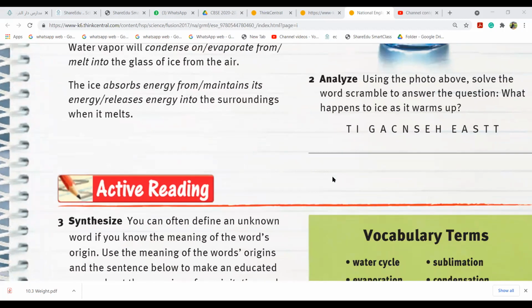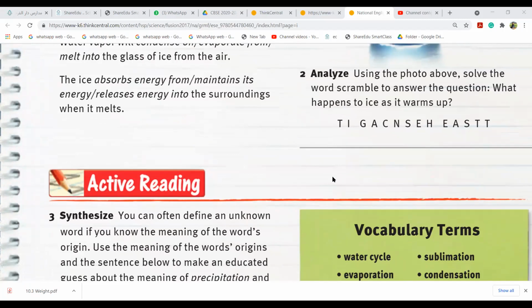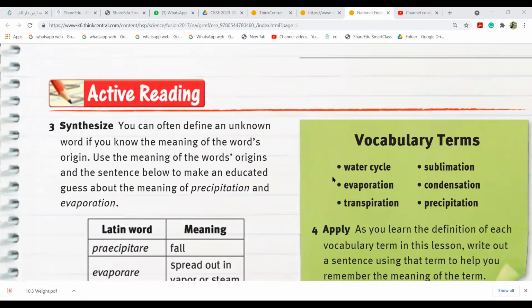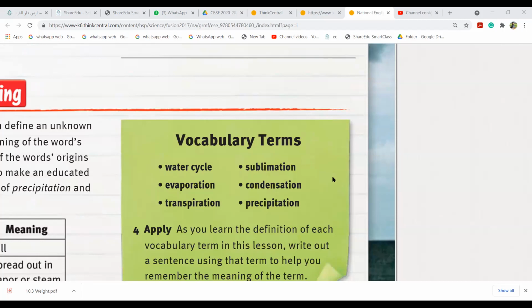Now the vocabulary terms. Zishan, can you read the vocabulary terms? Water cycle, sublimation, evaporation, condensation, transpiration, precipitation. Okay, so water cycle, evaporation, transpiration, sublimation, condensation, precipitation.